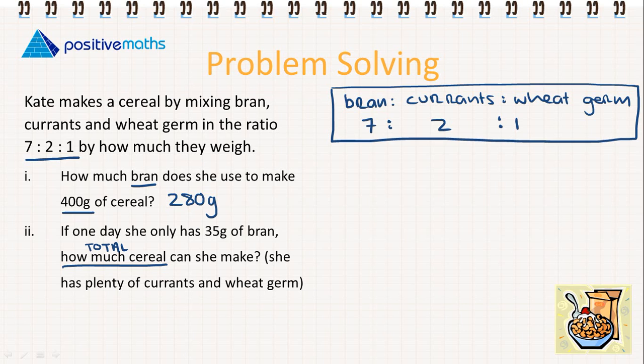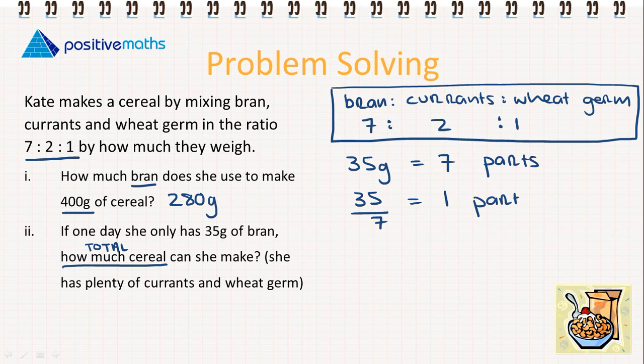Okay, so we know that bran is 7 parts. So we have 35 grams now is equal to 7 parts. We want to find the total. Okay, so we know from before that our total is 10 parts. So again, we're going to find 1 part first.